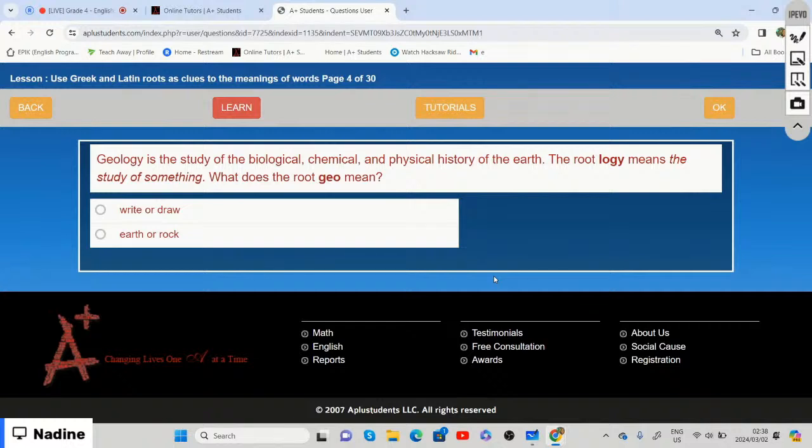Now we need to say, what does the root geo mean?